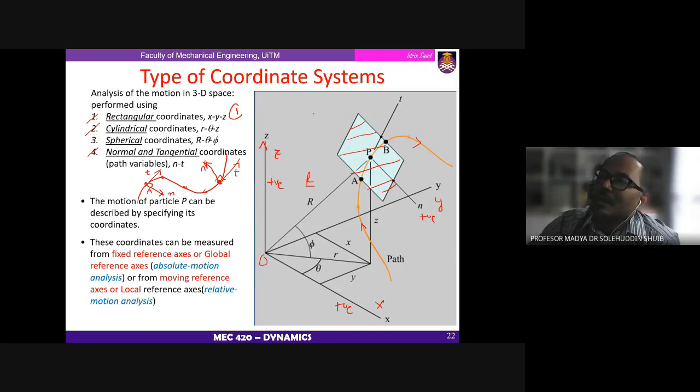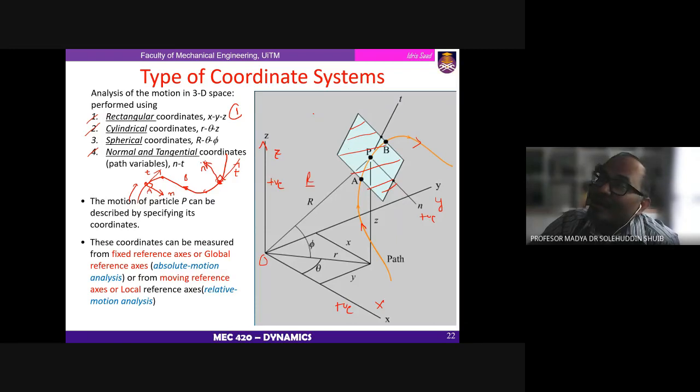How about this one? Where is the tangent? Let's say this is point B. What is the tangent direction? The particle moves along this. Is it this direction or this direction, to the right or to the left?